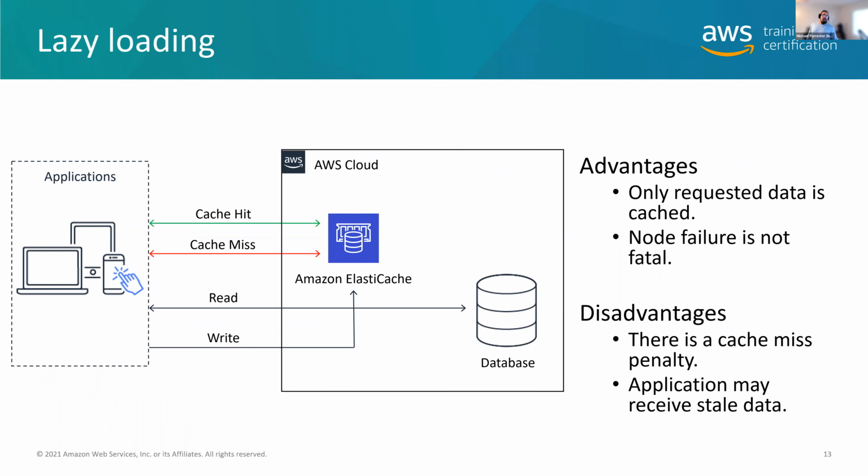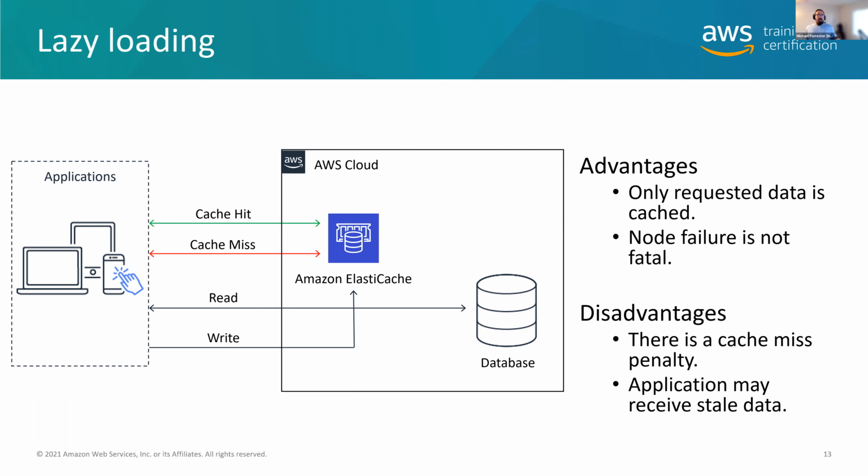One is lazy loading. Lazy loading is efficient because it only puts data into the cache that's actually been requested by a user. So you don't stack the ElastiCache instance, for example, with all of the data from the database. The only problem with this is that the first user who hits that requested data and misses the cache will pay a performance penalty of having to go back to the database, fetch the data, and then copy the data into cache.